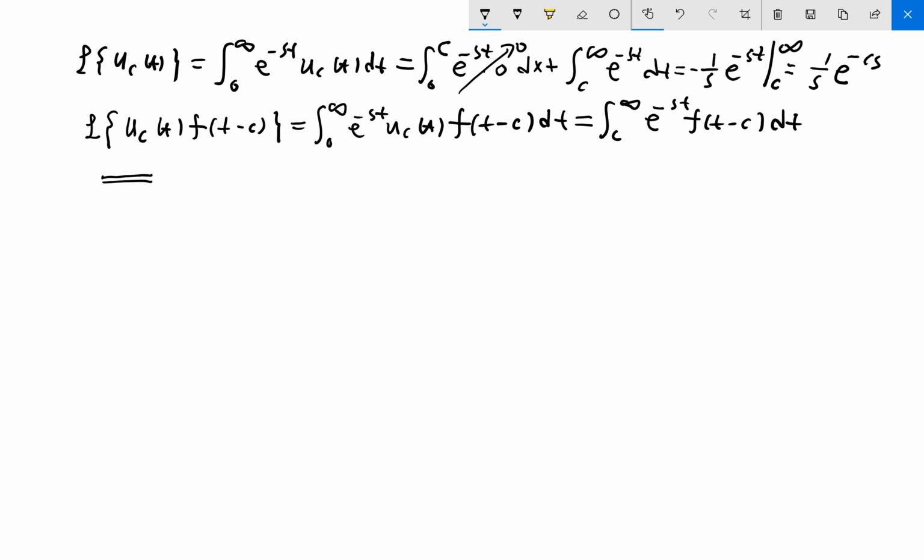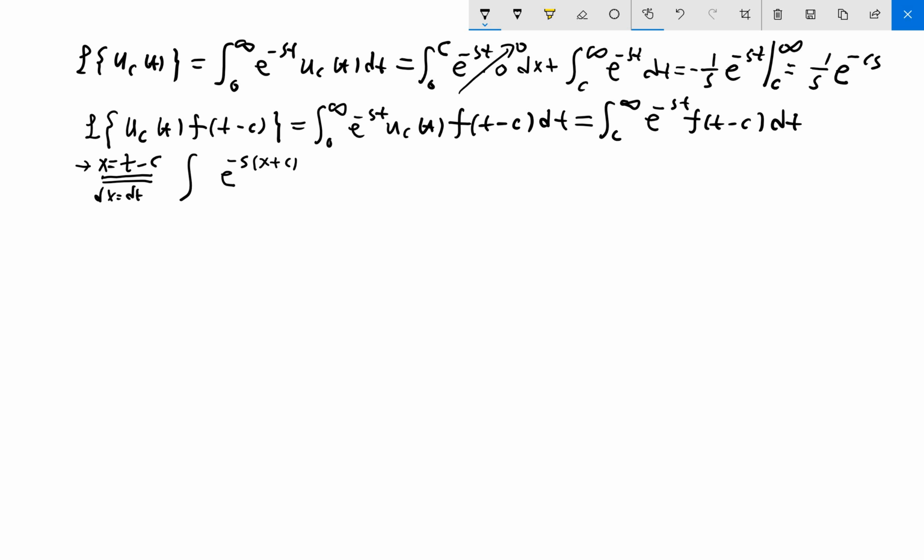Now we want to do the variable change for this one. We let x equal to t minus c, then dx equals dt. So you have e to the negative st, where t equals x plus c. You solve from here, t equals x plus c.